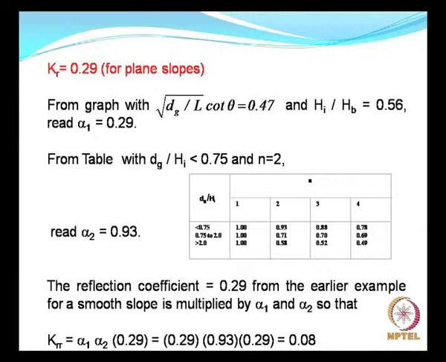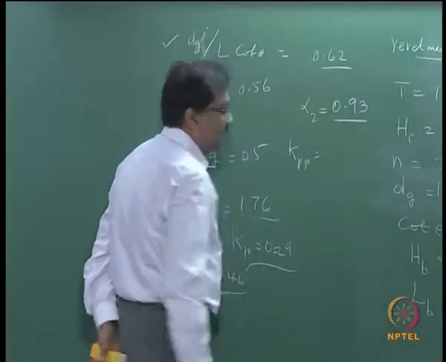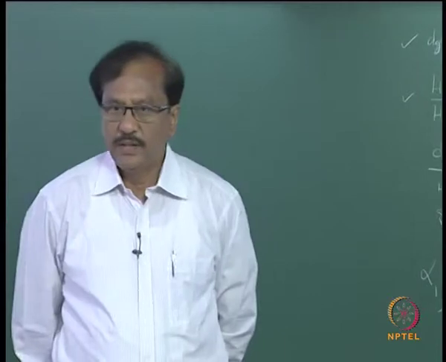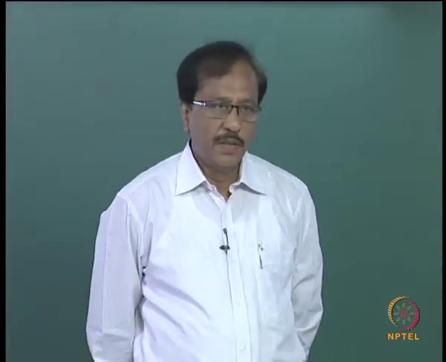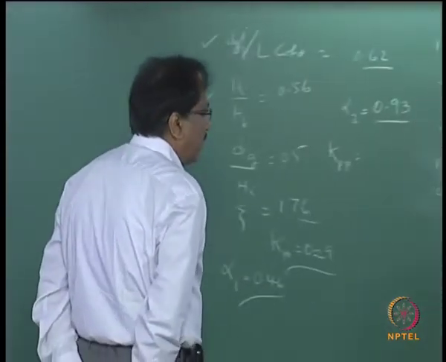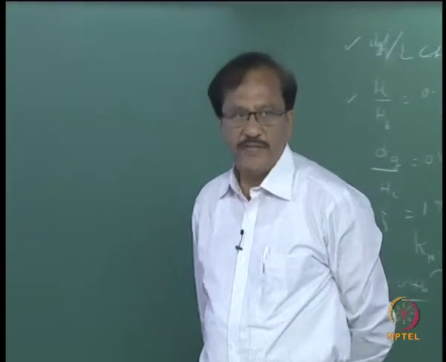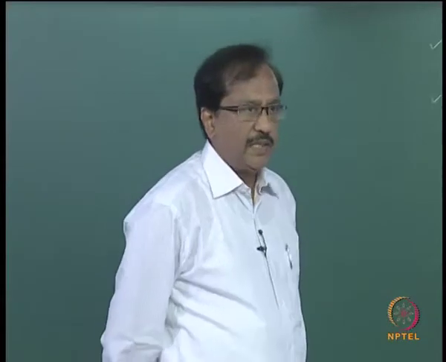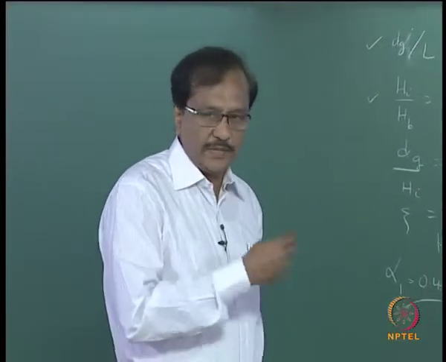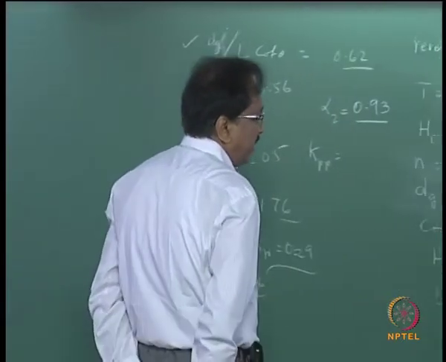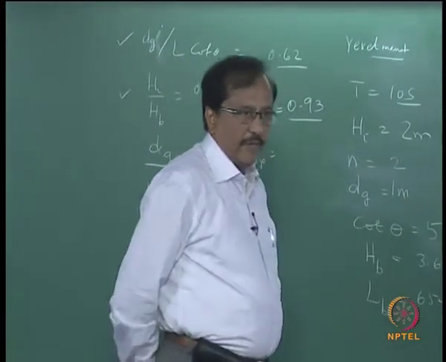Now I call this as kr r suffix, I mean double r I use in order to distinguish from kr. Kr is without the correction factors, but krr is the actual reflection coefficient after multiplying it by the alpha 1 and alpha 2.